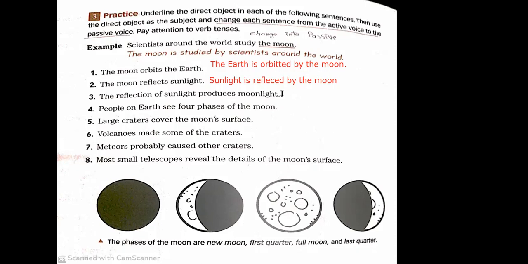The reflection of sunlight, okay? And the verb is what? The verb is produces. The object? The object is moonlight.